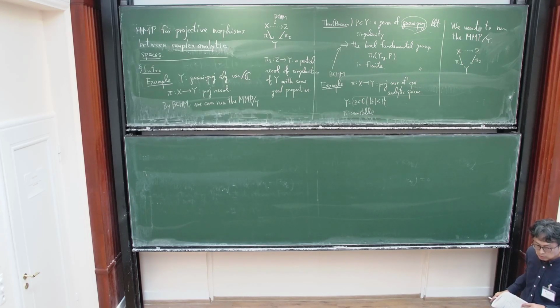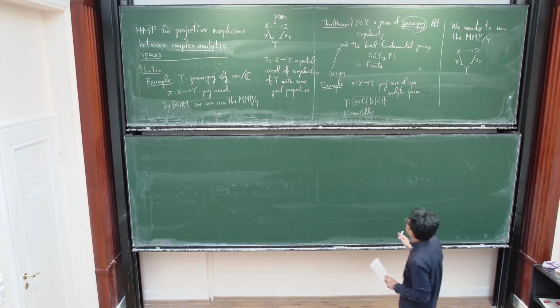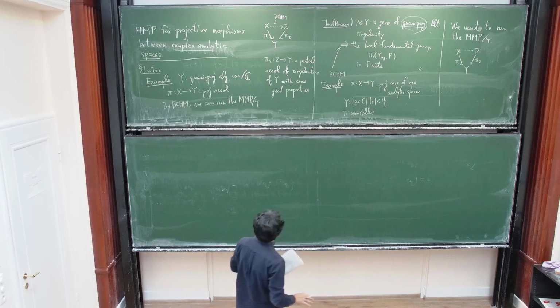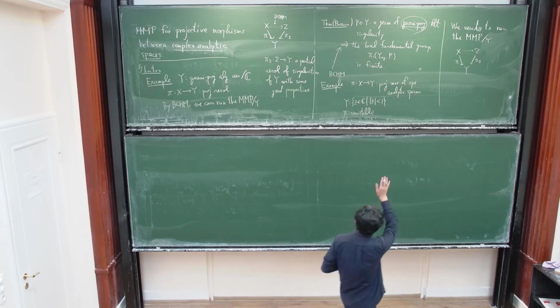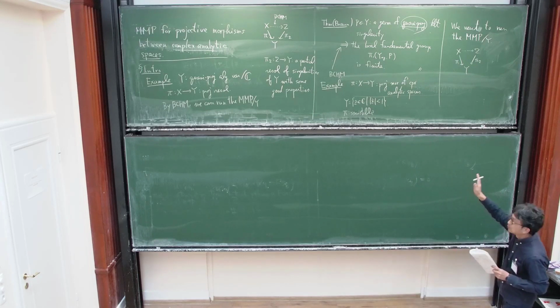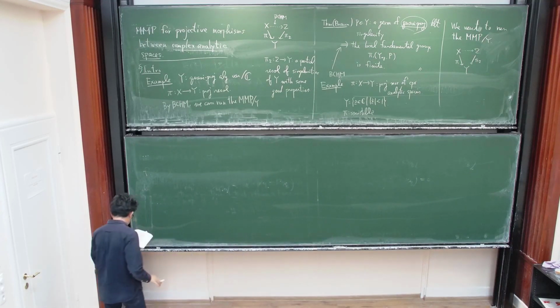I don't know if we know that the fundamental group stabilizes, because in that case, probably it is enough to check it for a quasi-projective one. Sorry, I'm not familiar with that. Yeah. Okay, anyway, this is one of my motivations.